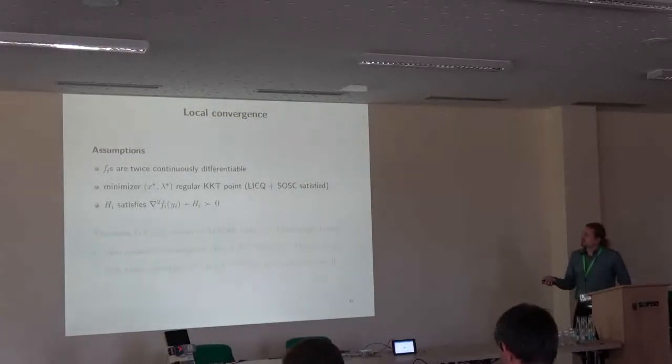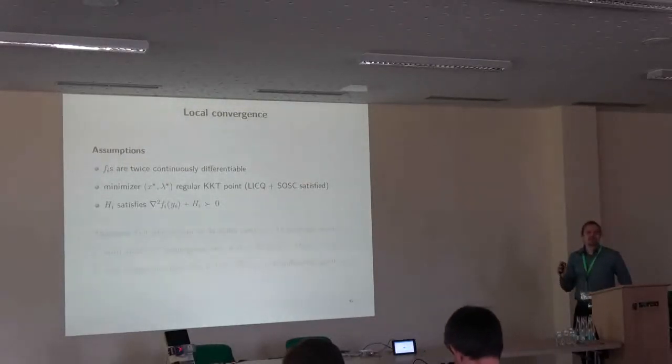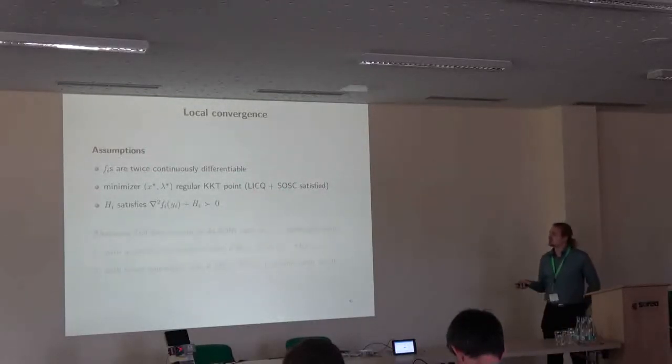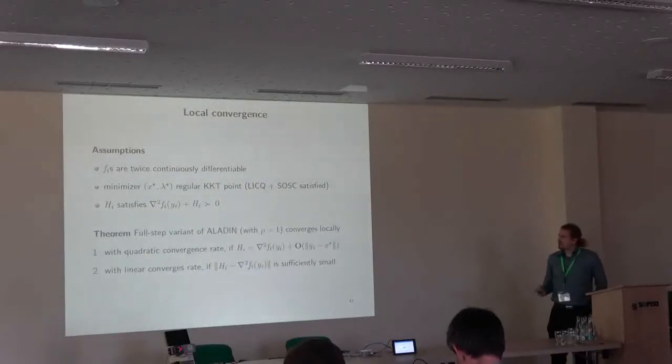The other assumption that we need is pretty strong, but it gives us a very good idea about scaling. If the minimizer is a regular KKT point, so it satisfies the linear independence constraint qualification and also the second order sufficient condition, and the Hi are such that the decoupled NLPs are locally convex, then we can make the following statement.